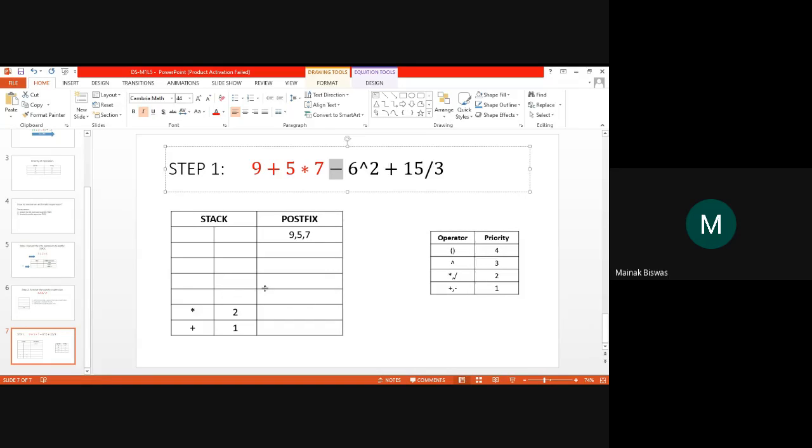It is lower priority than this operation, so subtraction is lower priority, 1. So in this case, what happens? Since it's a lower priority, this expression is popped out of the stack and added to the postfix expression.